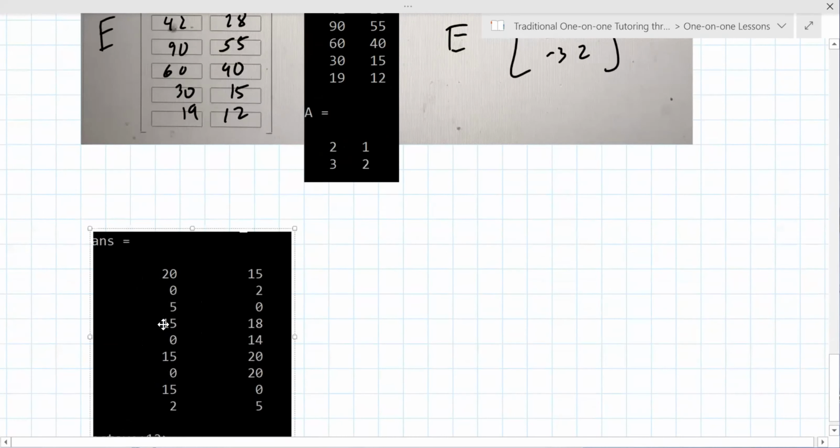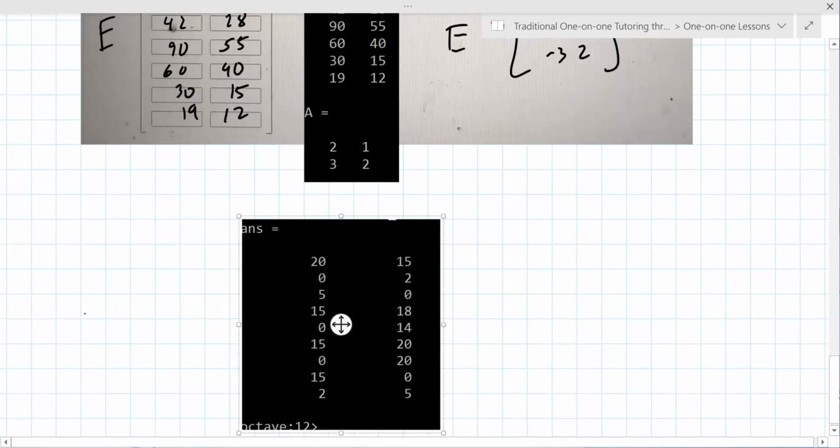So this is the answer to E times A inverse. And that should match your output on your calculator.